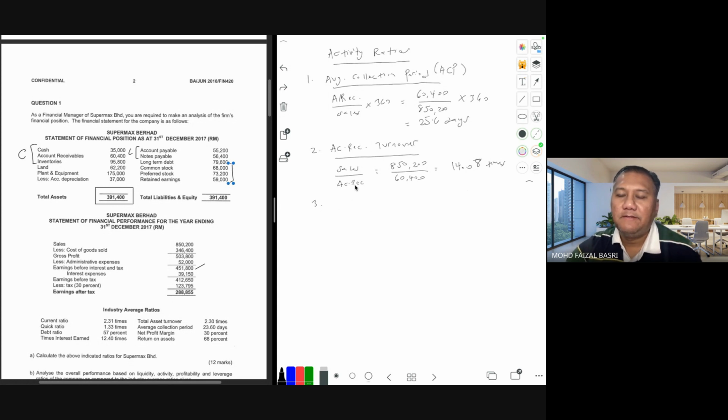Number 3, we have inventory turnover. Okay, remember inventory turnover, we use cost of goods sold divided by inventory. So cost of goods sold is actually bawah daripada sales ni, 346,400, and we divide with inventory dia adalah 95,800.